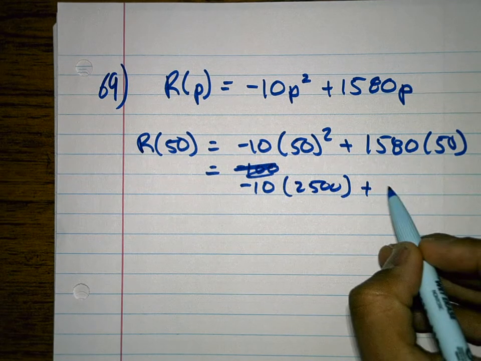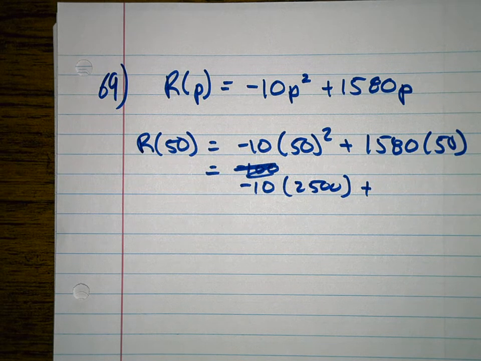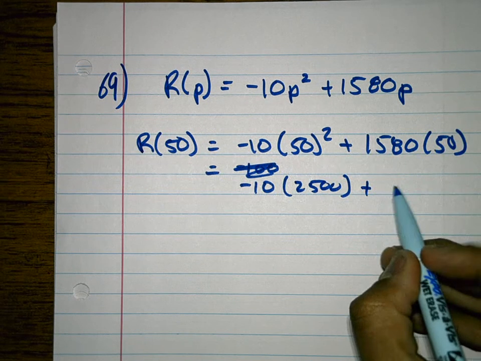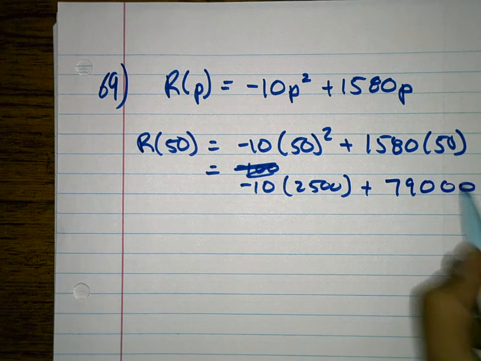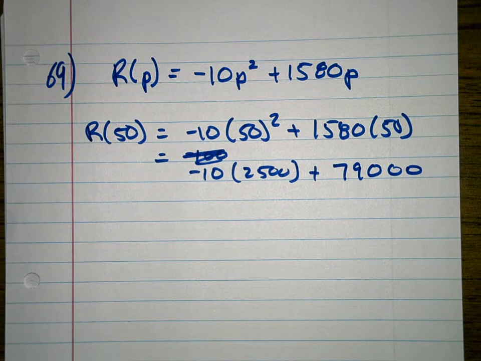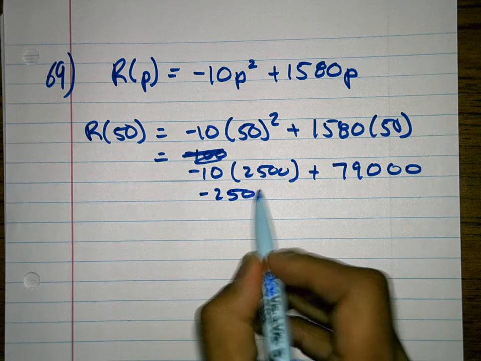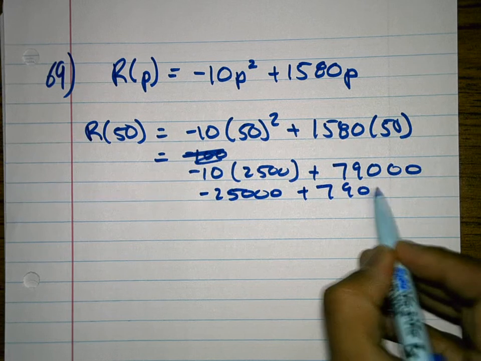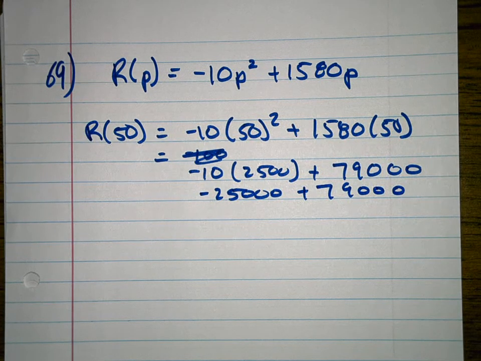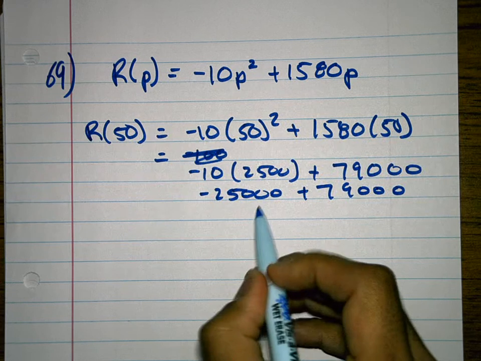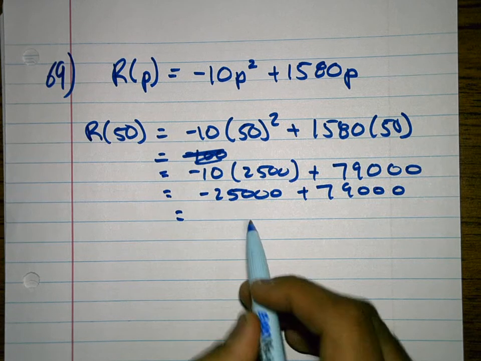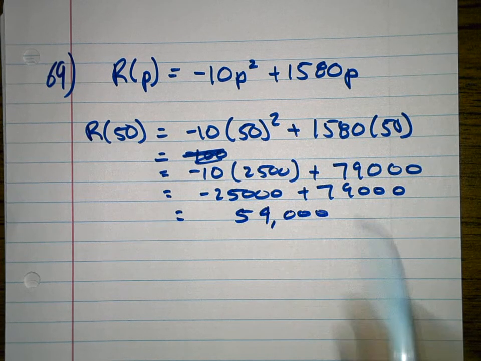There's 50 squared, and then 50 times 1,580. Times -10. Right, it's going to add a 0 on the end there. Okay, and there's our revenue right there. And you would just do that again for the other values they want.